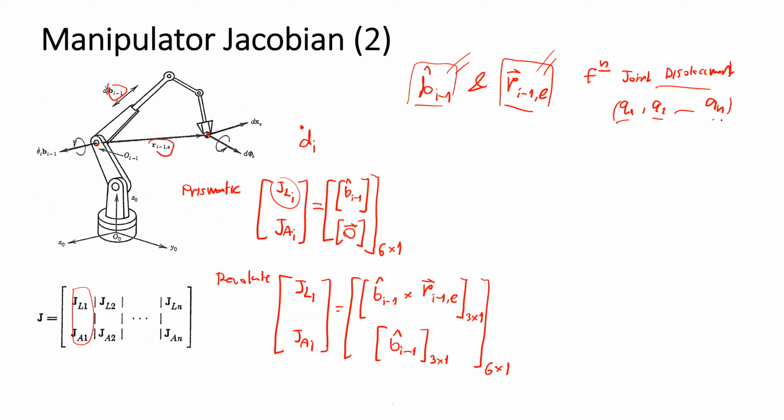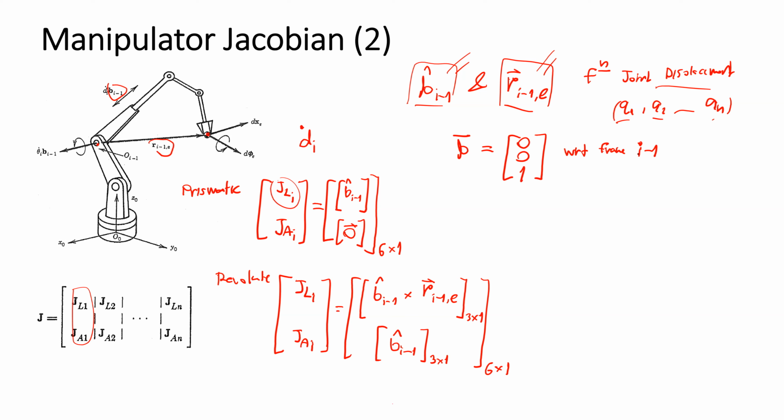So we first think about we're gonna define the vector B. Vector B is 0, 0, 1 with respect to the frame I-1.